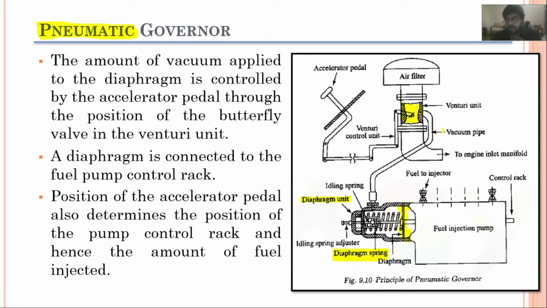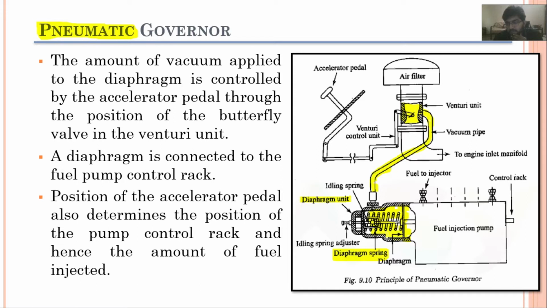So what happens here is we have an auxiliary nozzle, and because of this auxiliary nozzle, we generate a vacuum with the help of this vacuum pipe inside this channel.